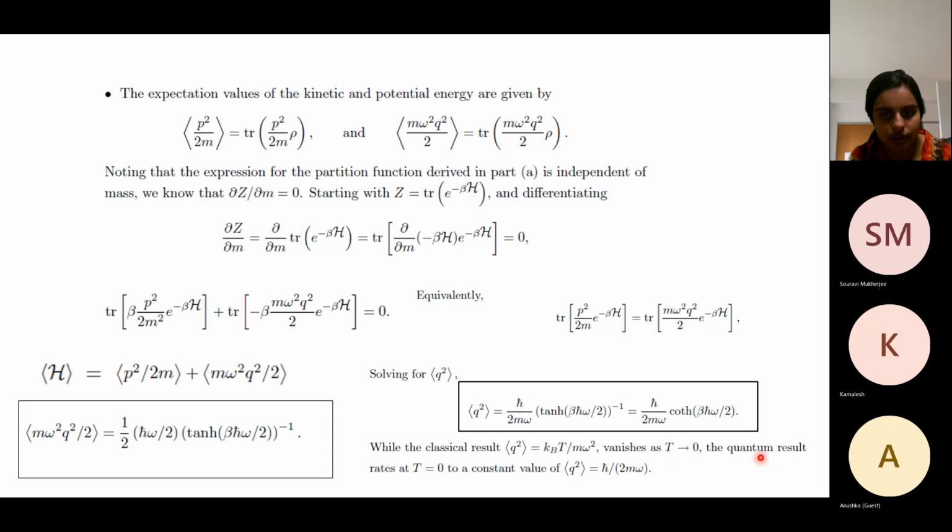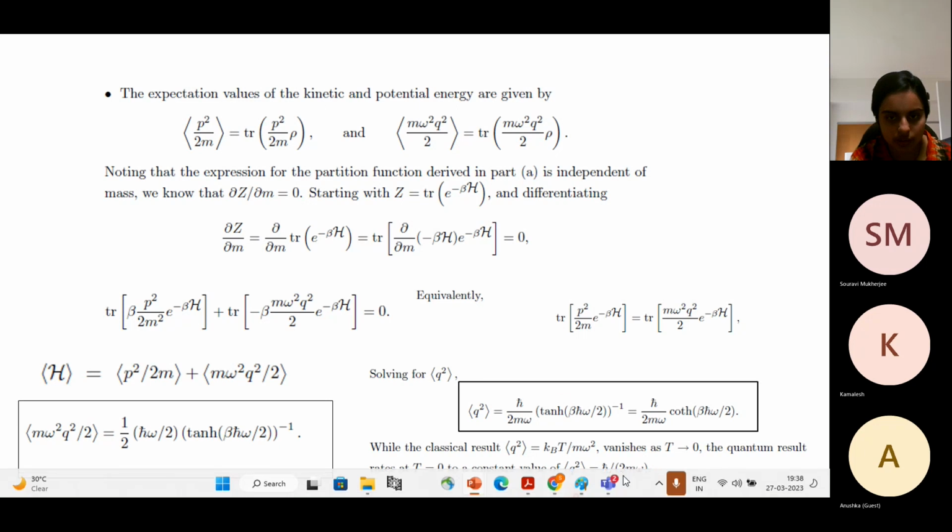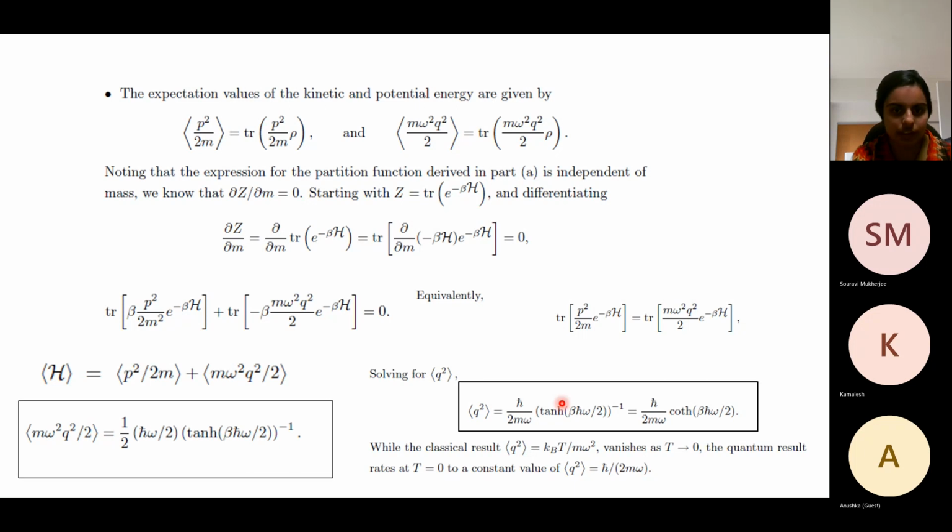At T equal to 0, what matters is the quantum result, which is given by this value, and this matches what you get from quantum mechanics. If you solve the expressions quantum mechanically, you see that this is the constant value of q square you would get at zero temperature. So at higher temperature you get back the classical result, and at lower temperature you get the quantum limit.